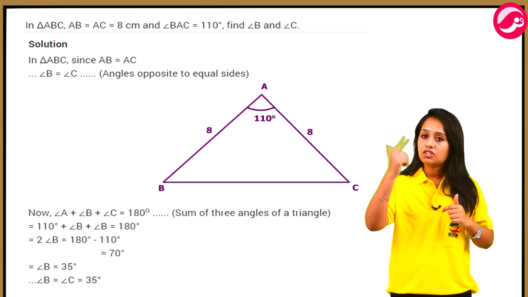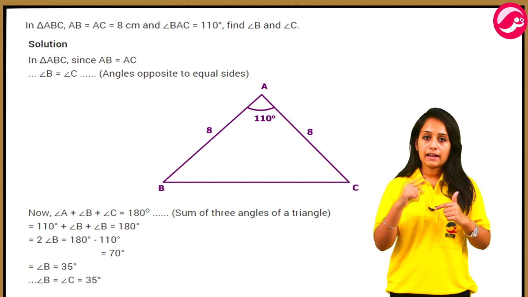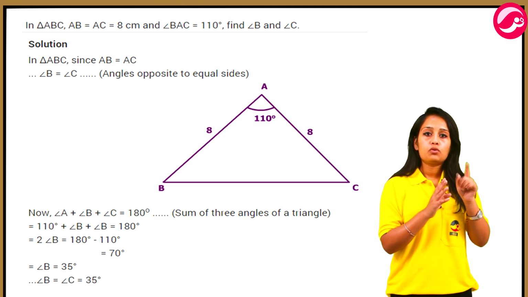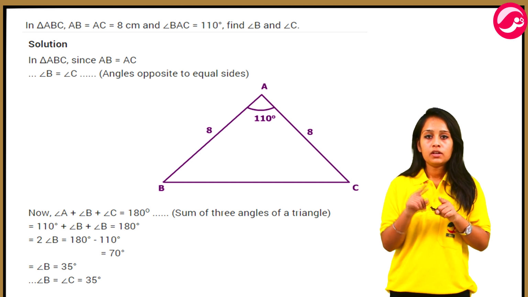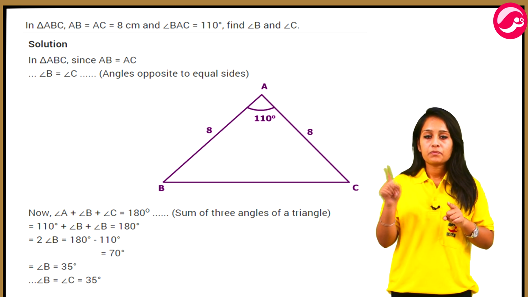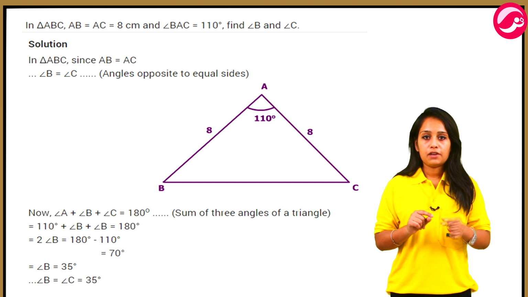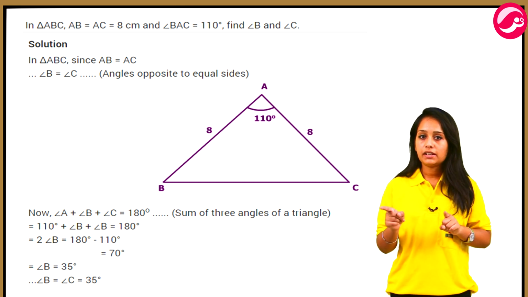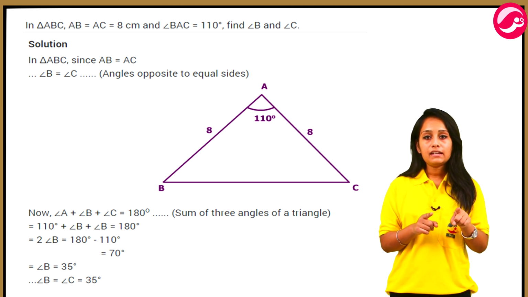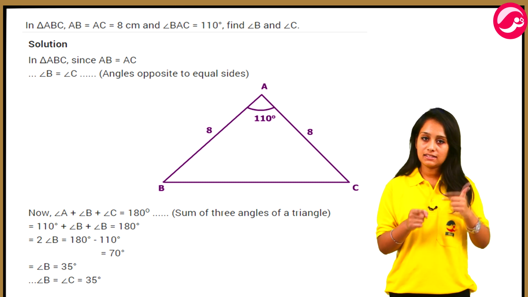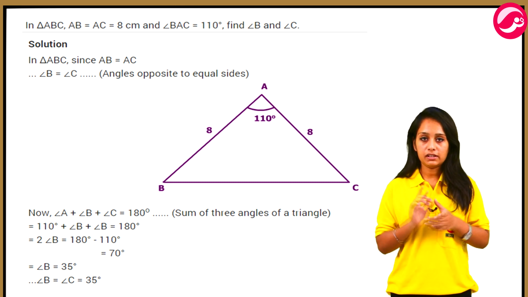We wrote angle B in place of angle C because angle C and angle B are equal. So now 2 into angle B is equal to 180 minus 110 which gives us 70 degree. Therefore angle B is equal to 35 degree. And since angle B and angle C are equal, therefore angle C is also equal to 35 degrees.